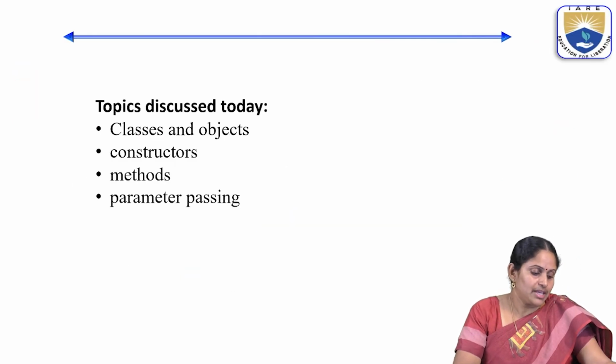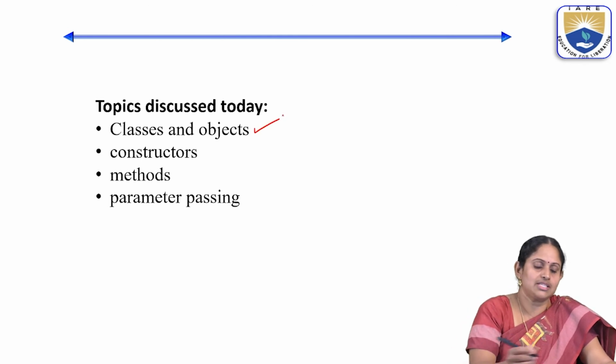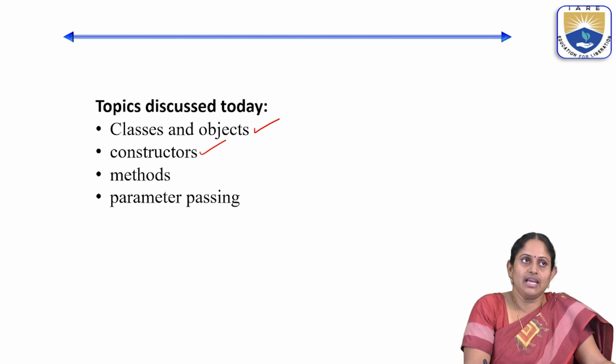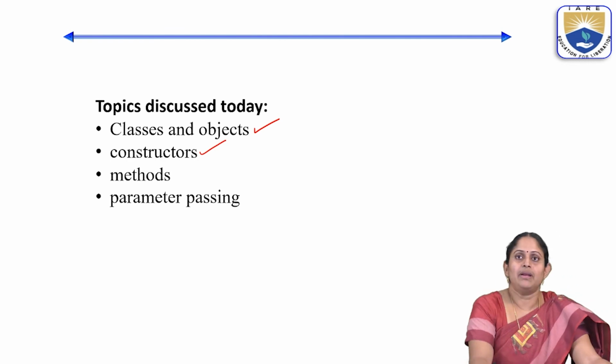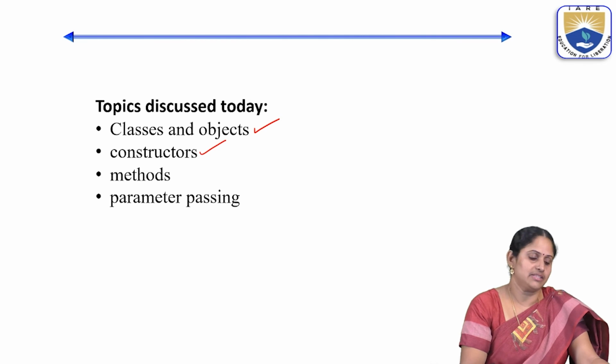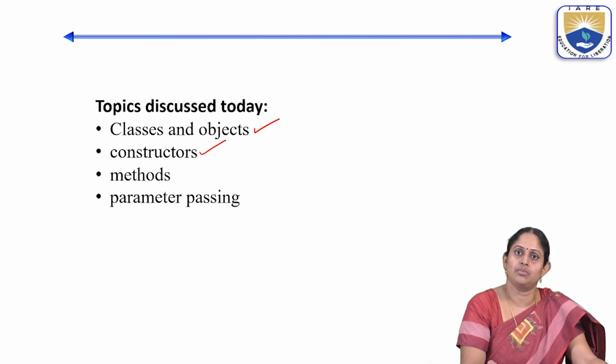So in today's class we have discussed what a class and objects are and what constructors are. In Java everything is implemented as classes, and if we want to access the members of the classes we have to create an object. Class is a blueprint of an object and object is an instance of a class.